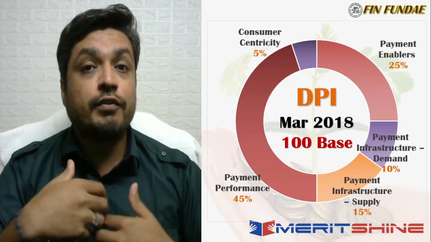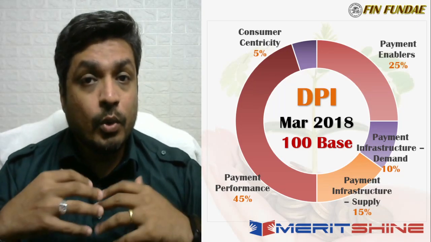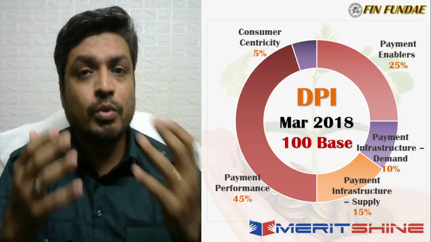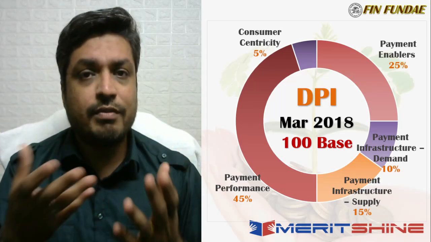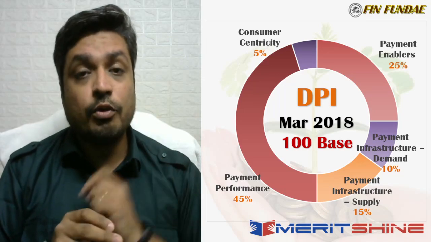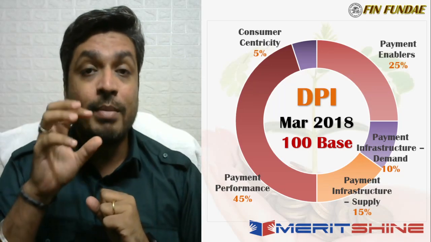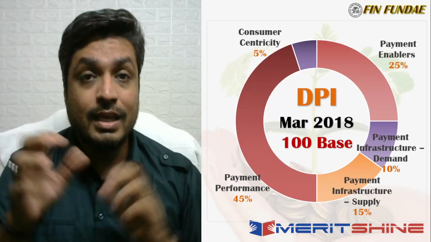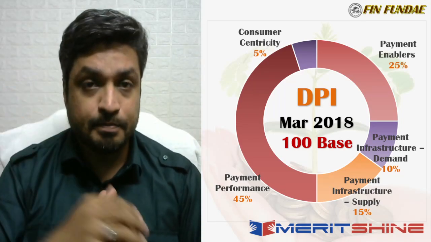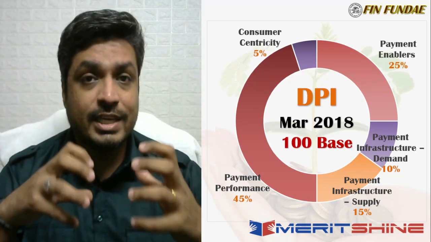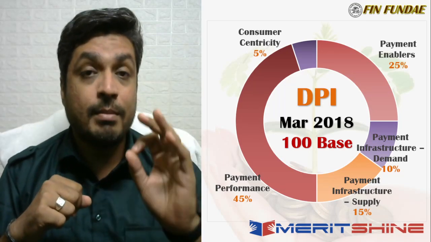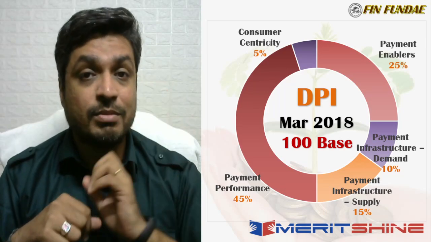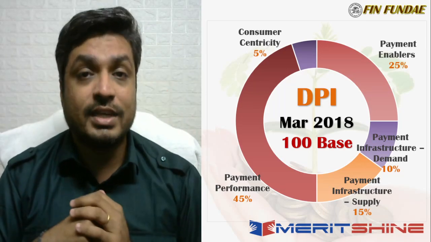So if you look at some of the sophisticated economies of the world, when you look at their digital payment systems, you will automatically understand that payment performance is a given, payment performance will definitely happen, right? So there you'll find that the weightage of a parameter like customer centricity in the entire index could be a lot higher. And because we are in a nascent stage even now, the weightage for a parameter as important as customer centricity is only 5% at this stage, right?